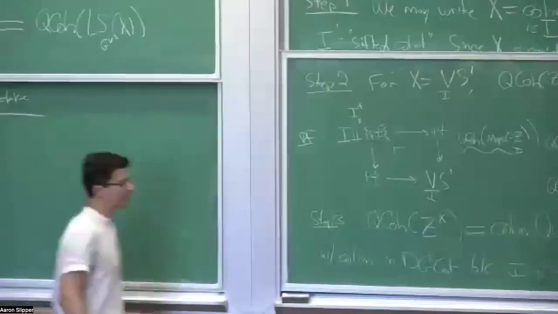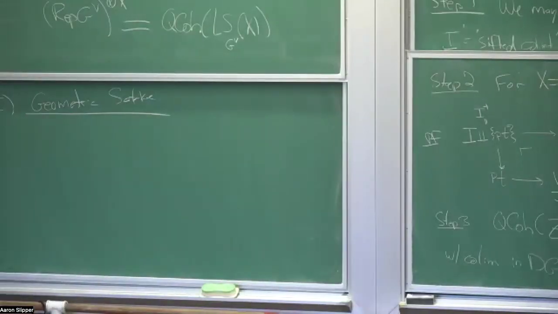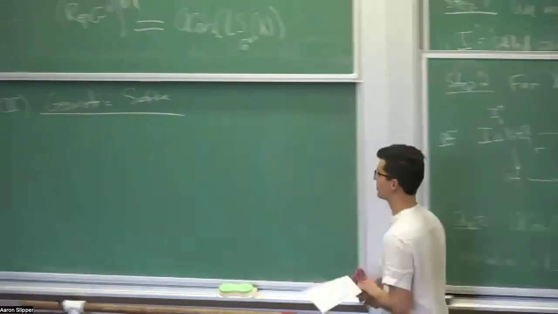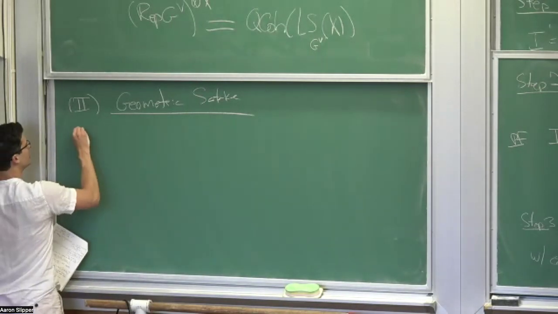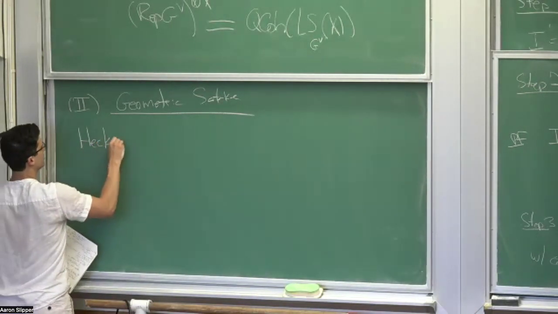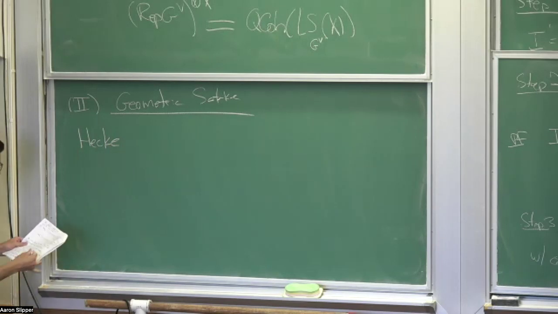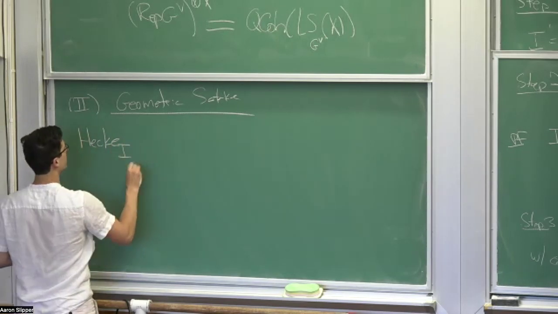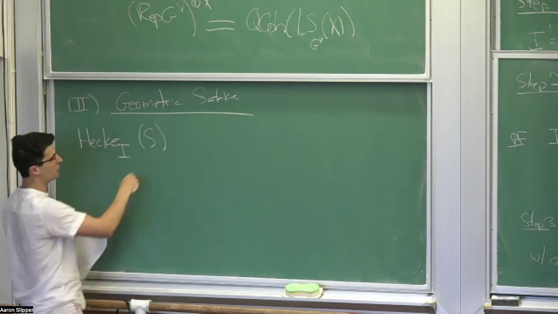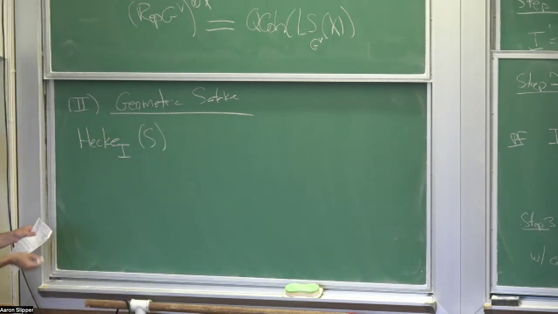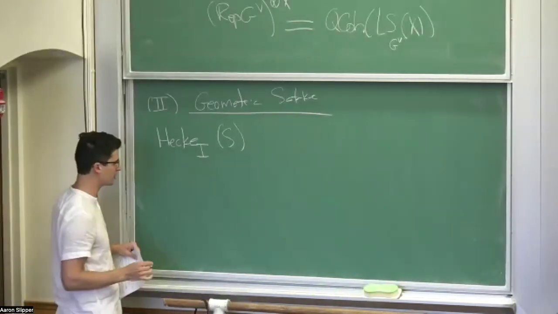So I have to remind you a few definitions of what the Hecke stack is. So recall, this is the I-legged Hecke stack. I'll define it in the usual sense.